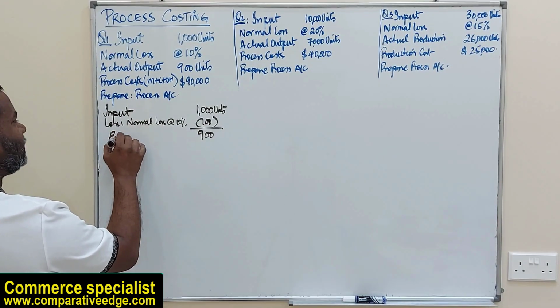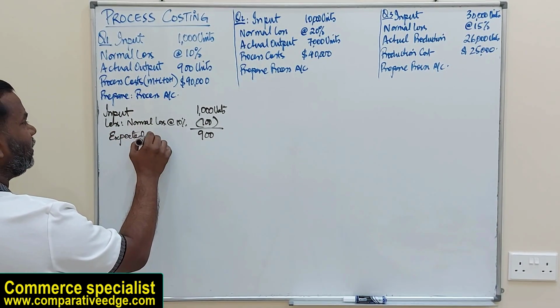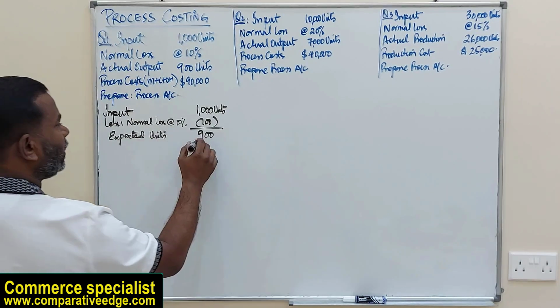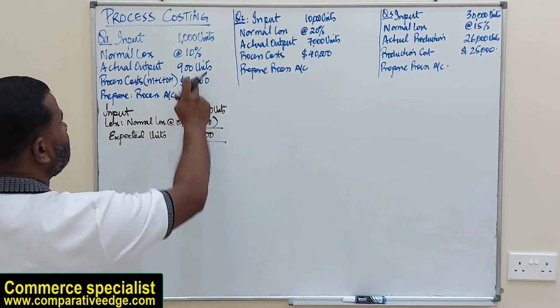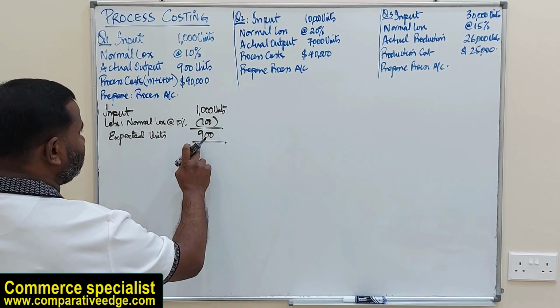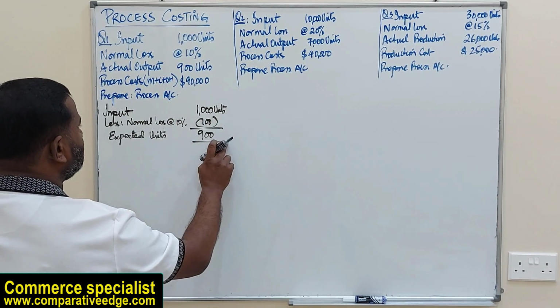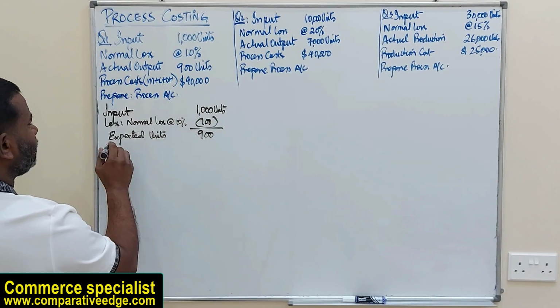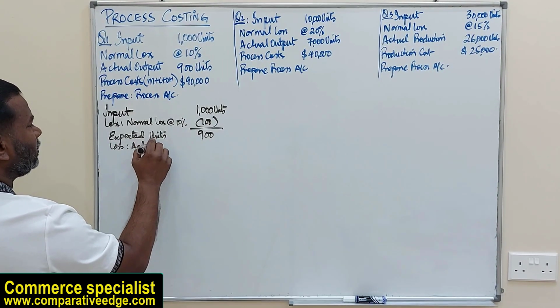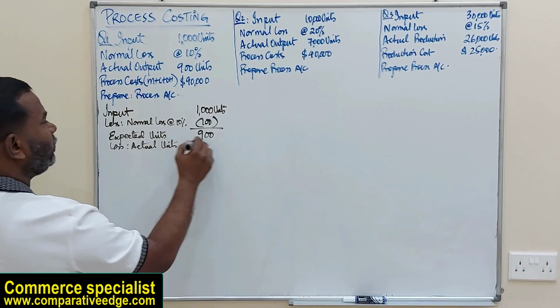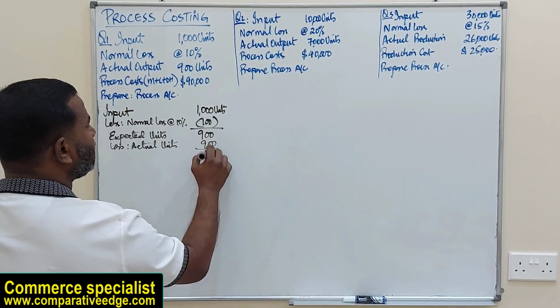This we call expected units. Expected units, 900 units. And if you look, the actual output is also the same. So if you want, I can do expected units less actual units, which is also 900. So there is nothing now.